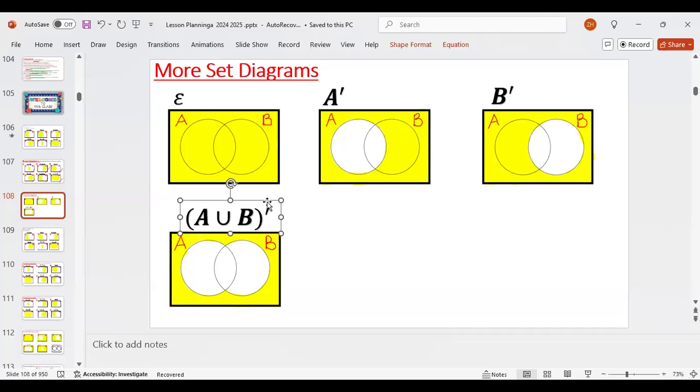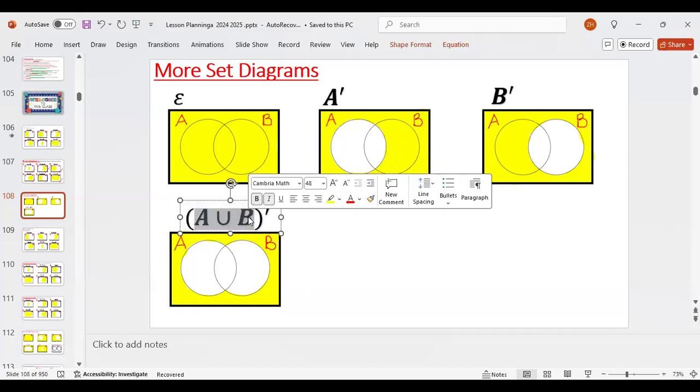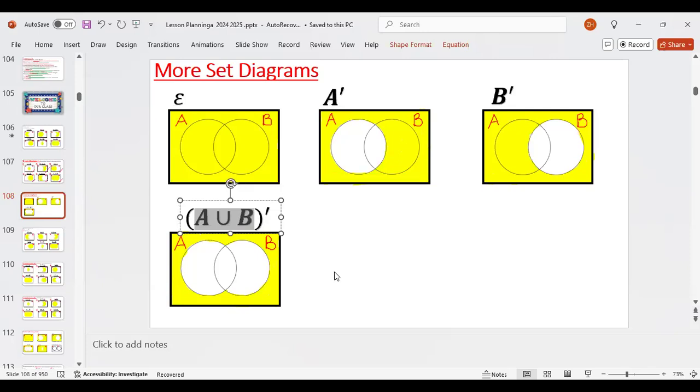If you do not have the brackets around it, I have to show you how to do that. I don't know if it's going to be today or maybe next week. But for this case, we have to have the brackets around that to show that we're talking about the union of A and B. That is what you need to complement. All right. Yes, sir. Thank you. We need the brackets.